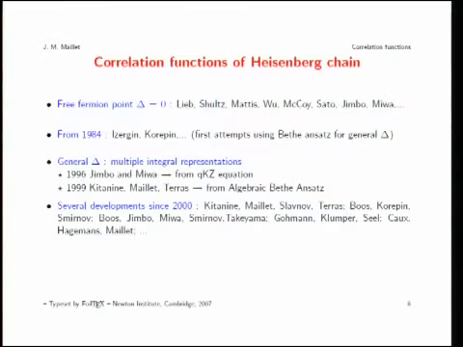So for general delta, a bit later, there was a multiple integral representation obtained first by Jimbo and Miwa from some assumptions and structures related to q-deformed Knizhnik-Zamolodchikov equations, and in '99 by our team from the algebraic Bethe ansatz. And a lot of developments have been done since 2000, and I will try to review some of this.